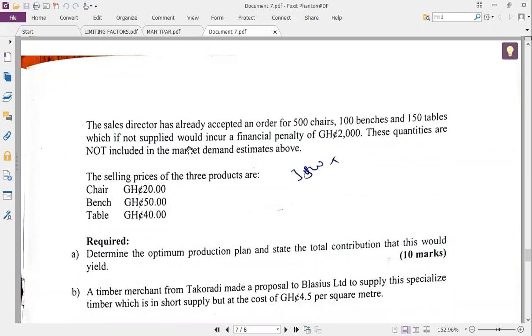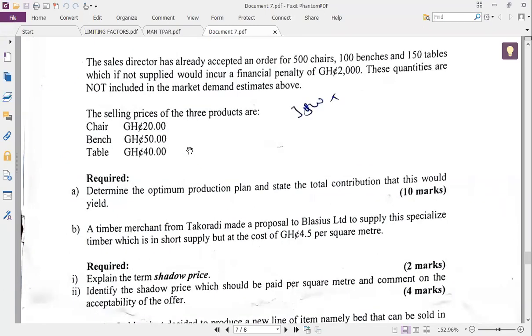Then there's B section here. A timber merchant from Takoradi made a proposal to Versus Limited to supply this specialized timber, which is in short supply, at the cost of 4 cedis 50 pesewas per square meter.